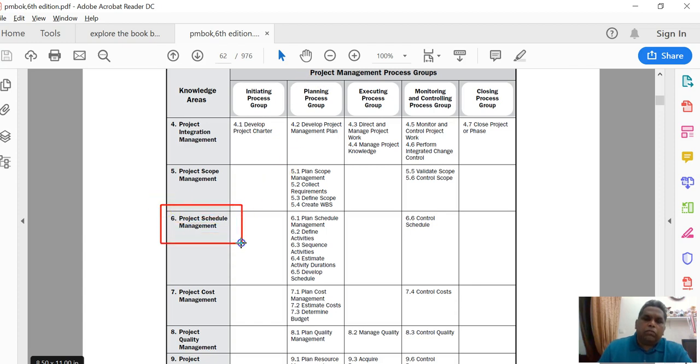It's not good enough that we know the scope on the project. We need to know what the timelines are for the project. Now, when we talk about schedule management, we are talking about the duration that a particular deliverable would take, or the effort it would take to create a particular deliverable.